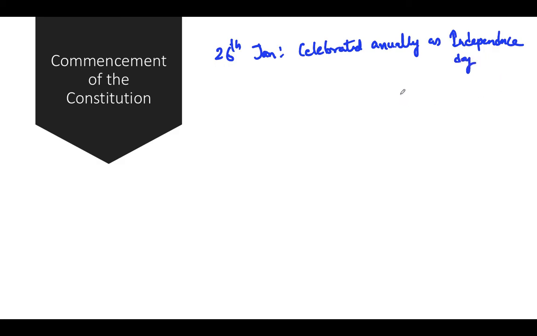Nowadays we are celebrating 15th August as Independence Day, as India became independent on 15th August, but before that, before independence, when we had not got independence, at that time 26th January was selected annually as Independence Day. The date 26th January had a historical significance.